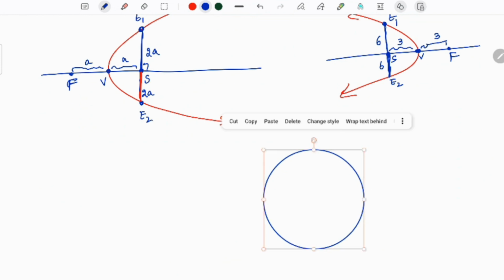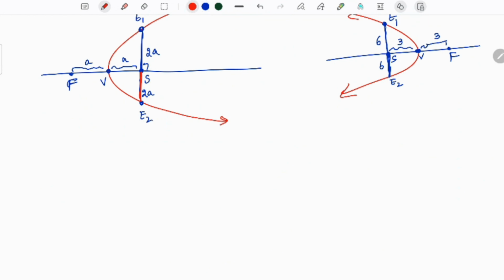Similarly, when will I say two parabolas are equal? Two parabolas are equal means the lengths of the latus rectum are equal.